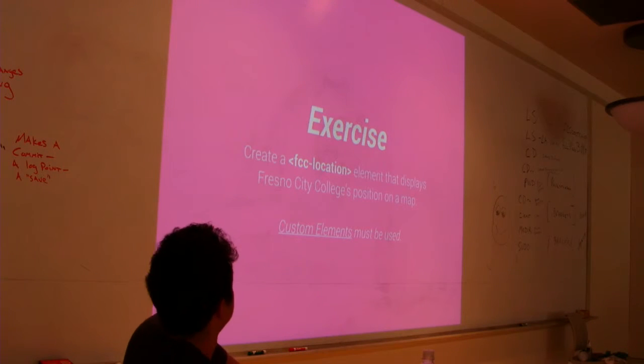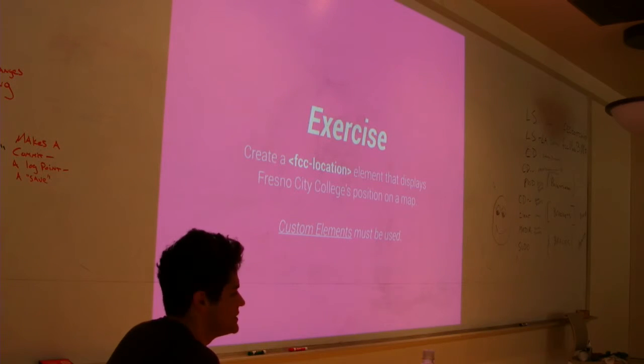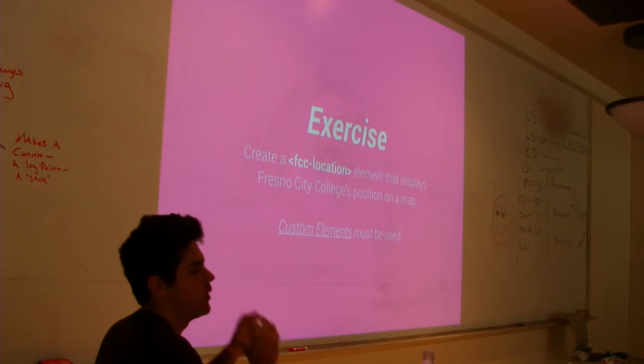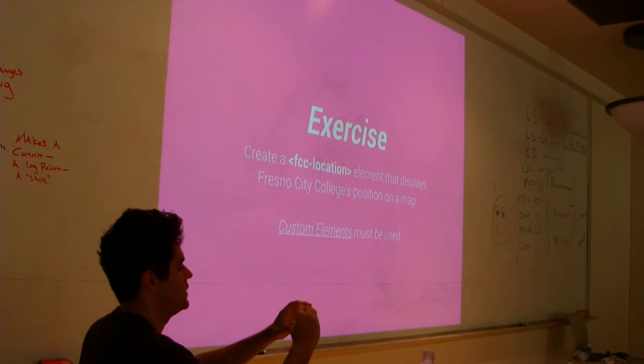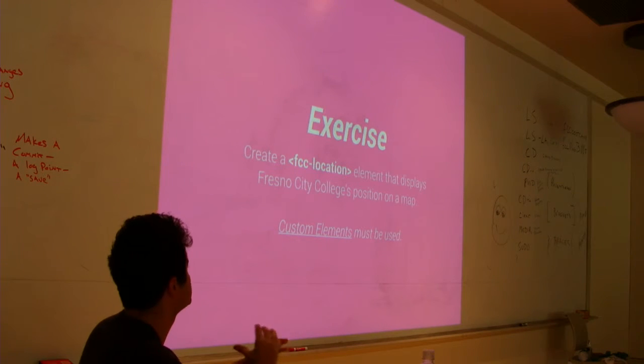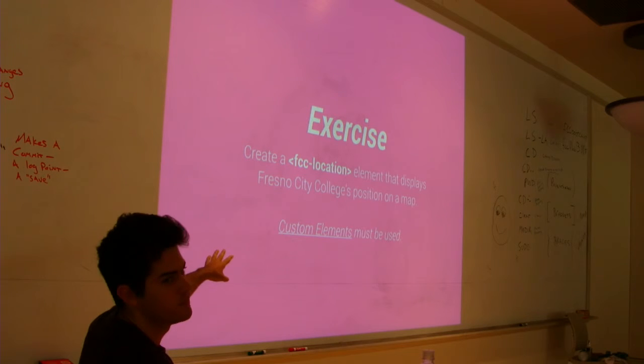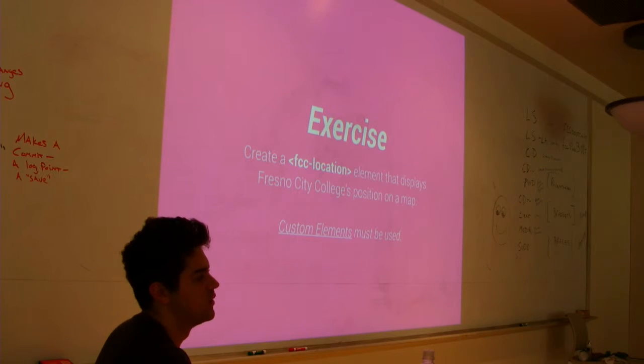Okay. So what I want you to do is create a FCC location element. So I want to put this on my screen, and once I put this on my HTML, I want to return Fresno City College position on the map. So I just want to reuse this.